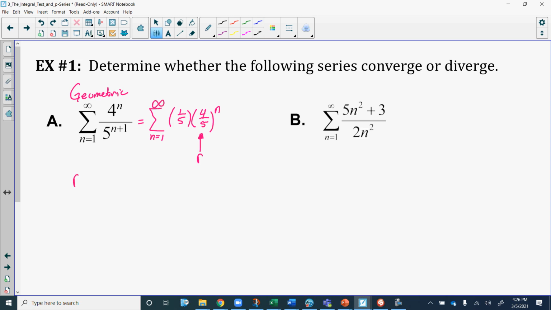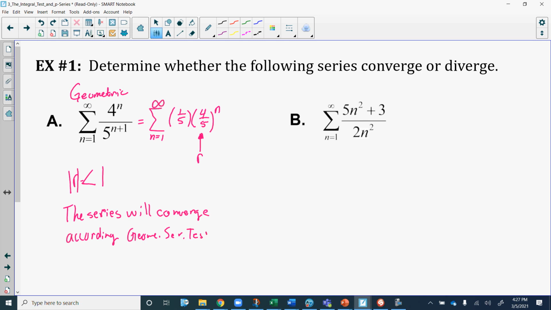So here I'm going to say, since the absolute value of r is less than 1, what that allows me to conclude is that the series will converge according to the geometric series test.